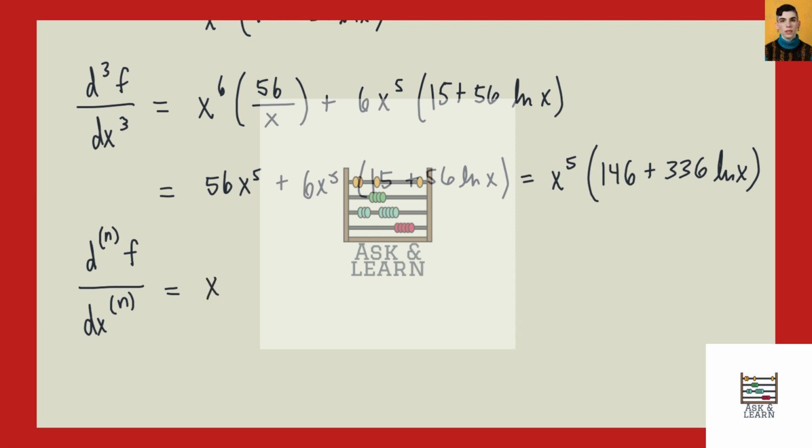So that's x to the 8 minus n power. And then we have 56. Okay, so this is 8 times 7 times ... times 8 minus n minus 2.